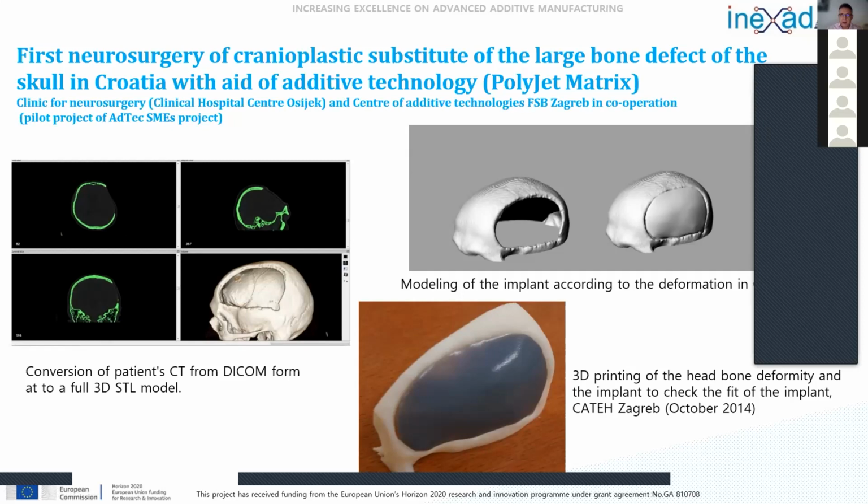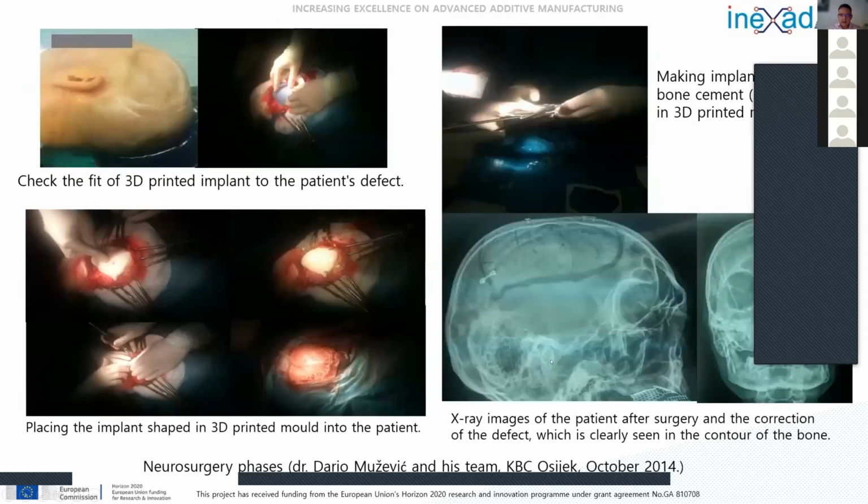We ask the surgeon to approve that this is okay, and then we have to produce a negative, a mold in which this implant was cast. So this is the first example of a patient. This is the surgery, and here you can see X-rays with almost perfect fit of the implant inside the patient.